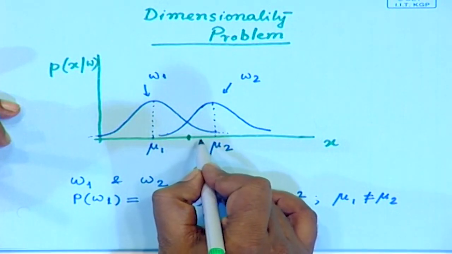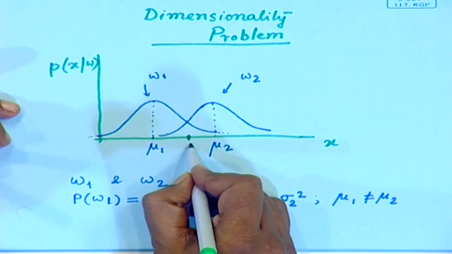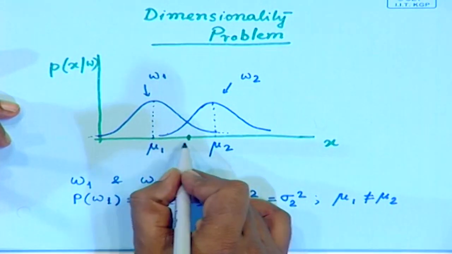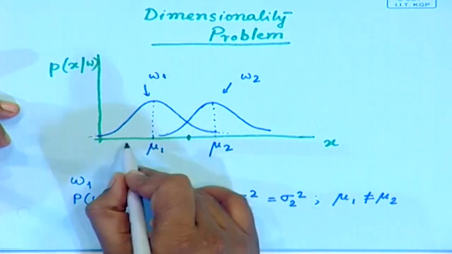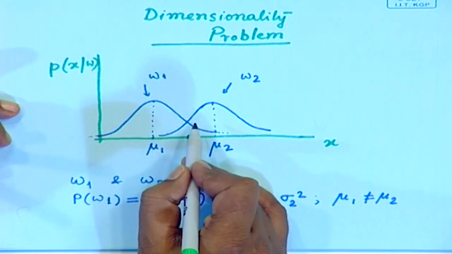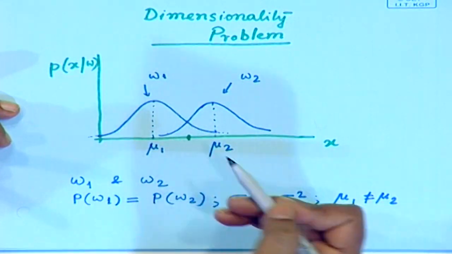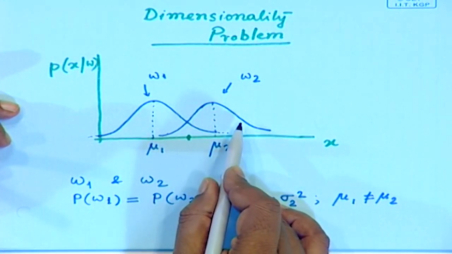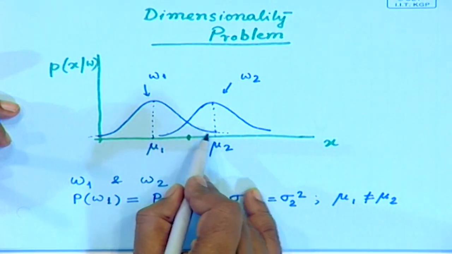So, for all values of x lying on the right hand side of this point, we will decide that it belongs to class omega 2, and for all values of x lying on the left hand side of this point, we will decide that it belongs to class omega 1. Then we have also said when we talked about the Bayes or minimum error rate classification that there is an error in taking this decision, because whenever I decide in favor of class omega 2, there is a finite probability that it may belong to class omega 1 as well.